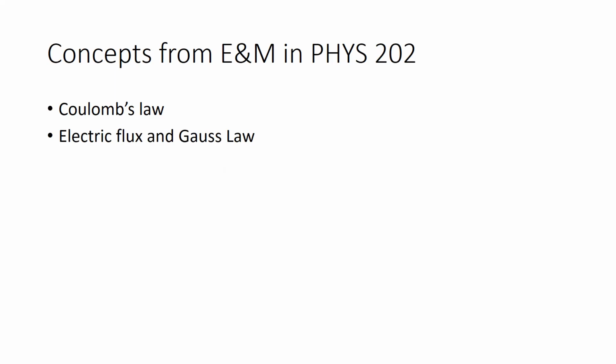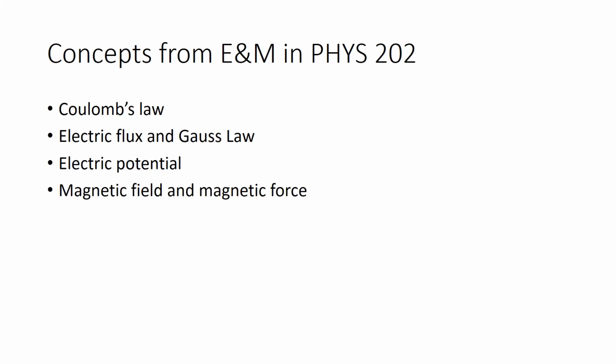Electric flux is the amount of electric field that radiates through a certain surface, and Gauss's law relates that to the amount of charge inside that surface. There's electric potential, also known as voltage. There's the magnetic field, the thing which makes a compass point in the direction that it tends to point, and magnetic force, which makes magnets stick to refrigerators or compass needles line up with the magnetic field lines.